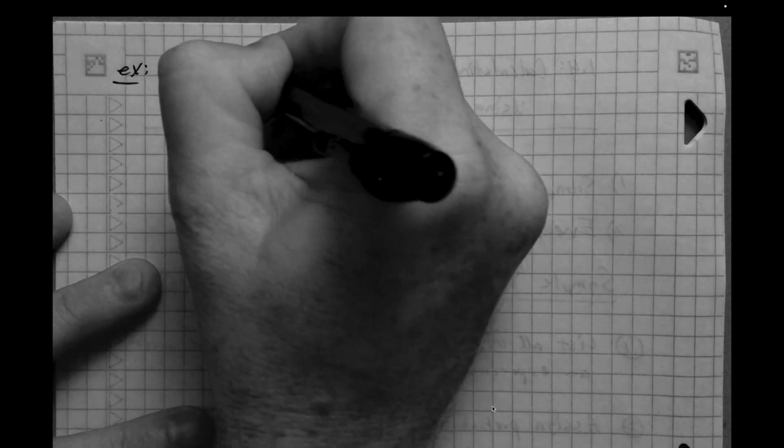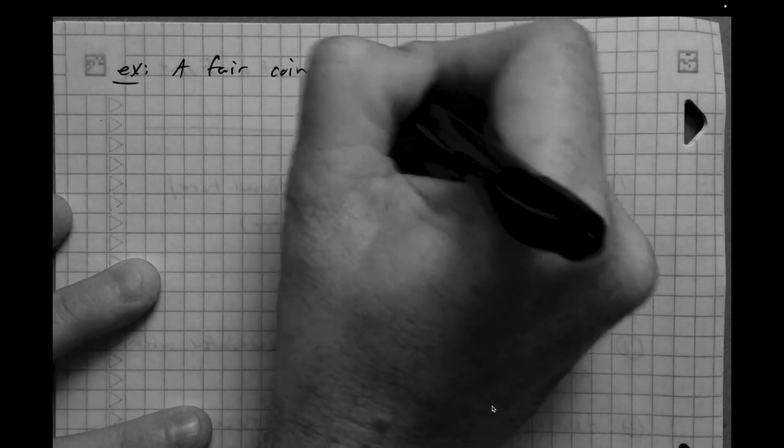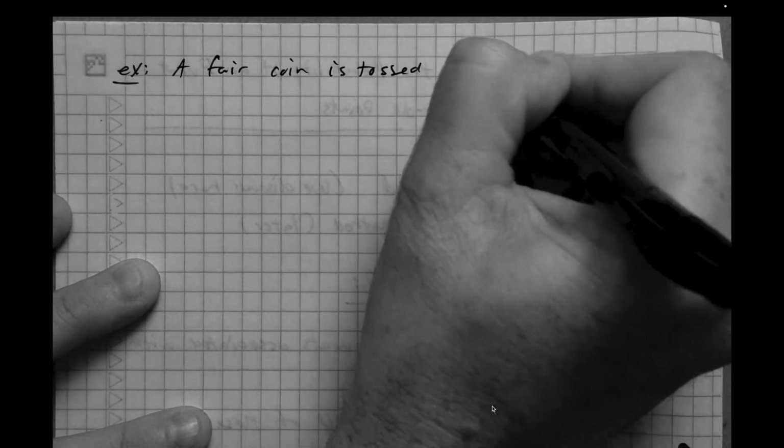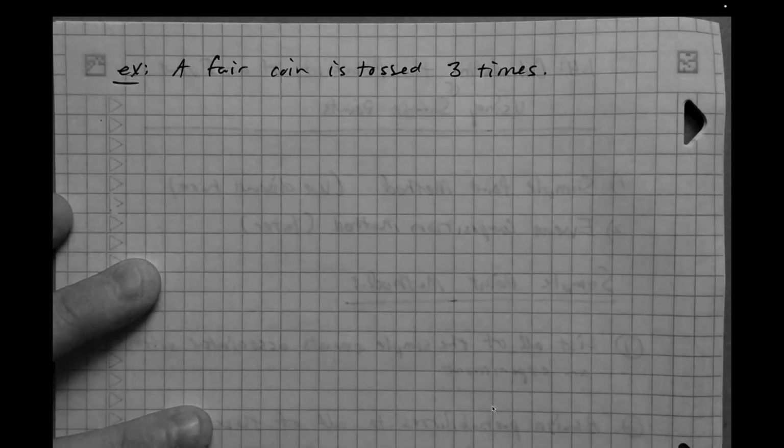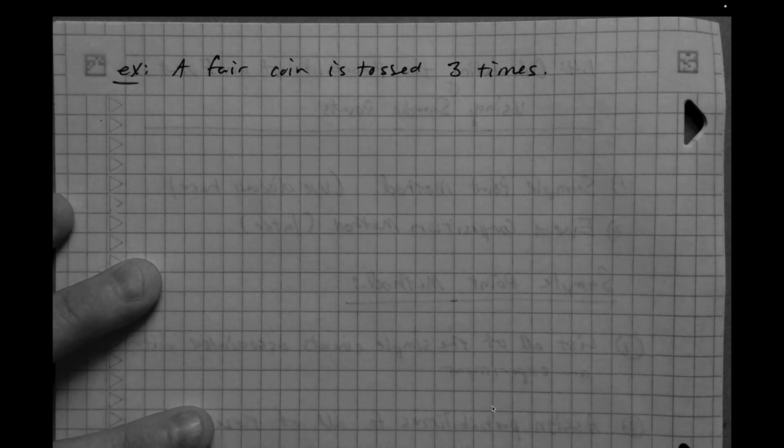Okay, so the first example is, let's say we have a fair coin being tossed 3 times. A fair coin is tossed 3 times. Okay, we want to calculate the probability that exactly 2 of the 3 tosses result in a heads.